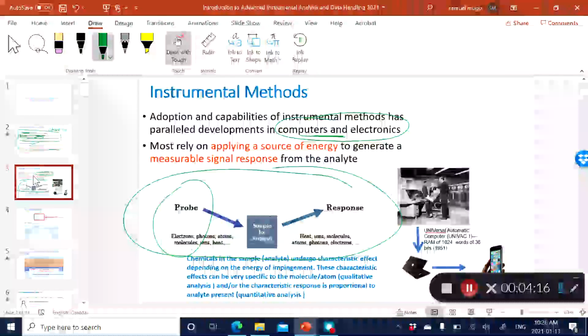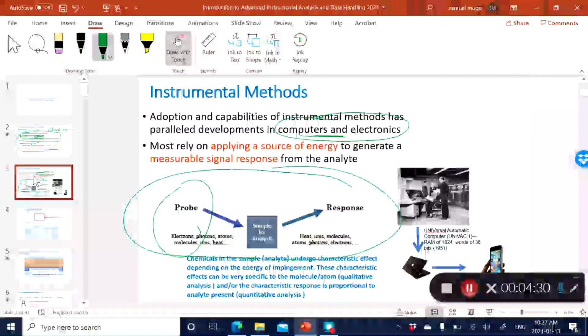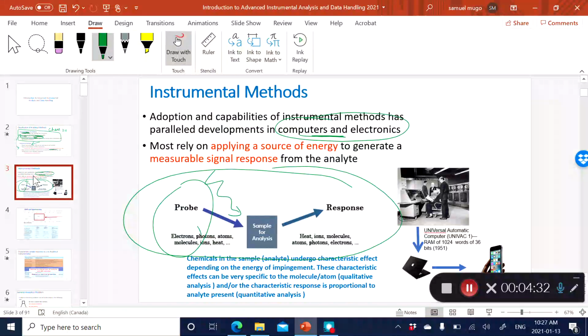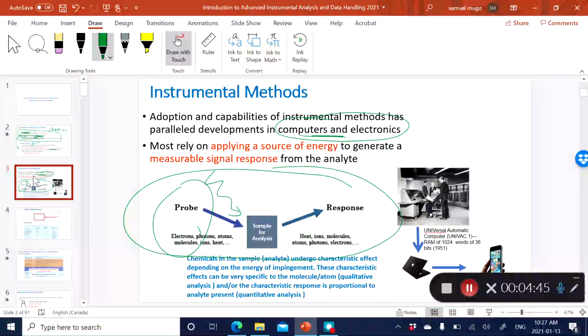The energy can be photons, that's the most common, but it can also be electrons, atoms, ions, or even heat. And so you take those forms of energy, and it hits the sample, and the chemicals in the sample undergo a characteristic effect that is dependent on the energy of impingement.